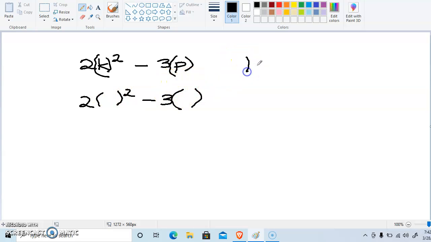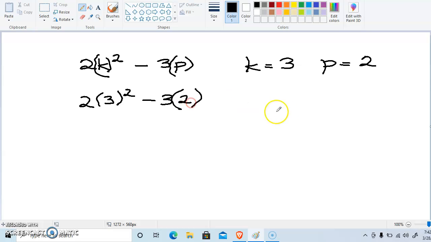Now, we're going to give a value of k of 3, and we're going to give a value of p of 2. So that means wherever there was a k, we're going to put a 3. So we have k here. We're going to put a 3 here, because that's what k is equal to. And wherever p was, we're going to put 2.